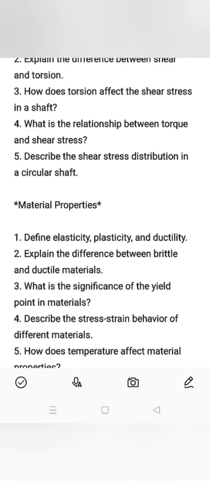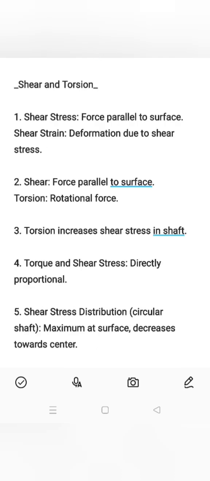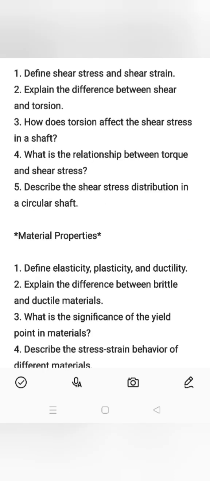Third question, how does torsion affect the shear stress in a shaft? Torsion increases shear stress in the shaft. What is the relationship between torque and shear stress?